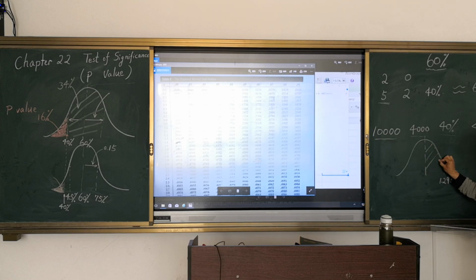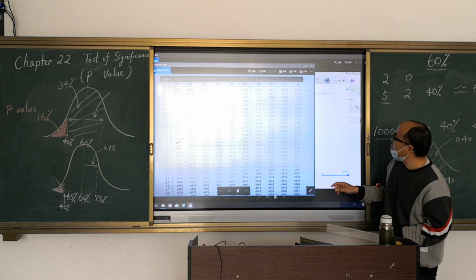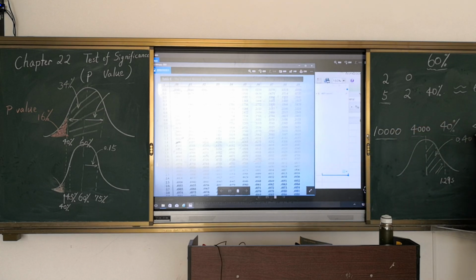This part is 0.4015. This part is also 0.4015.